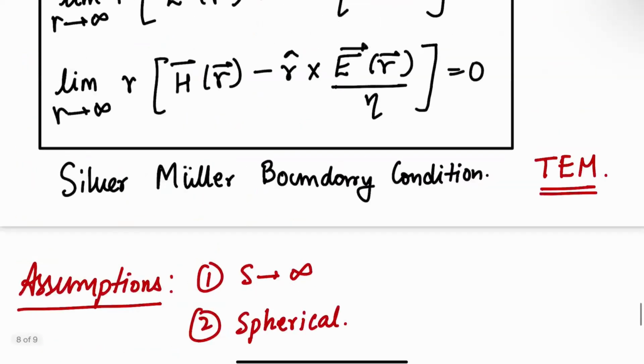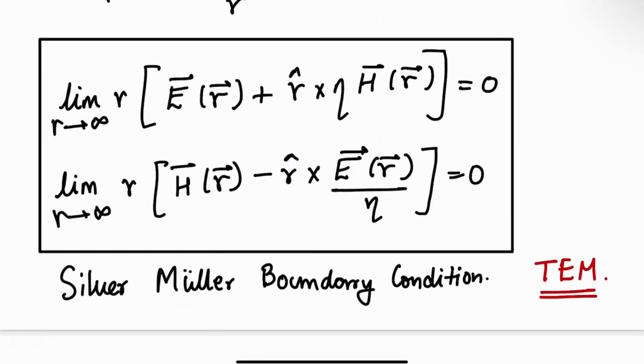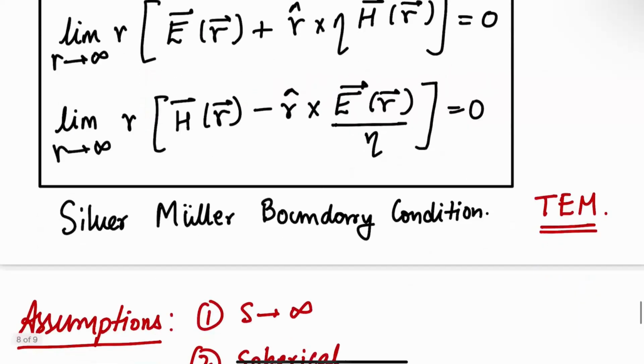Okay, and you can kind of see that here. If you put that expression into the first one, H becomes curl of E. r hat cross curl of E is nothing but the tangential component of it. And that must be equal to the tangential component of E, because we know E is perpendicular to r hat. So E is nothing but tangential already.